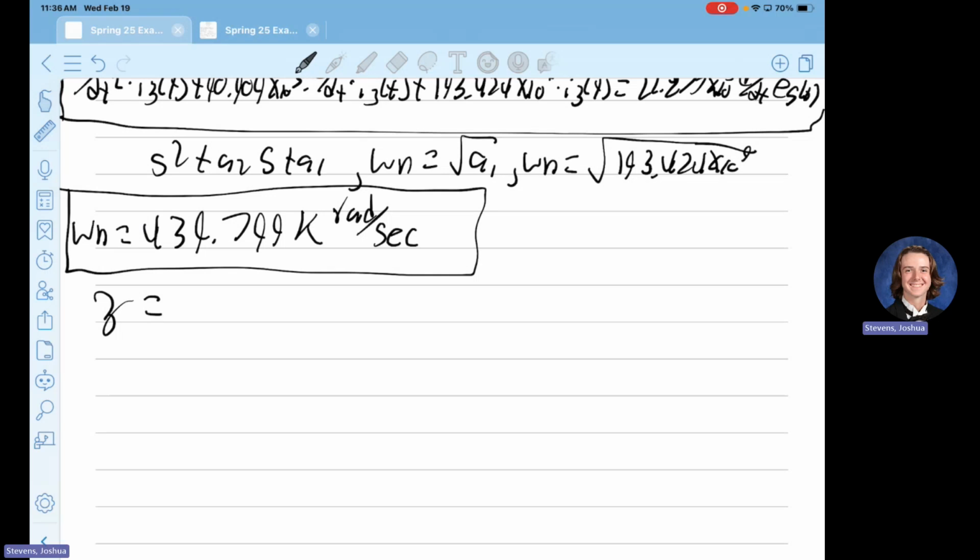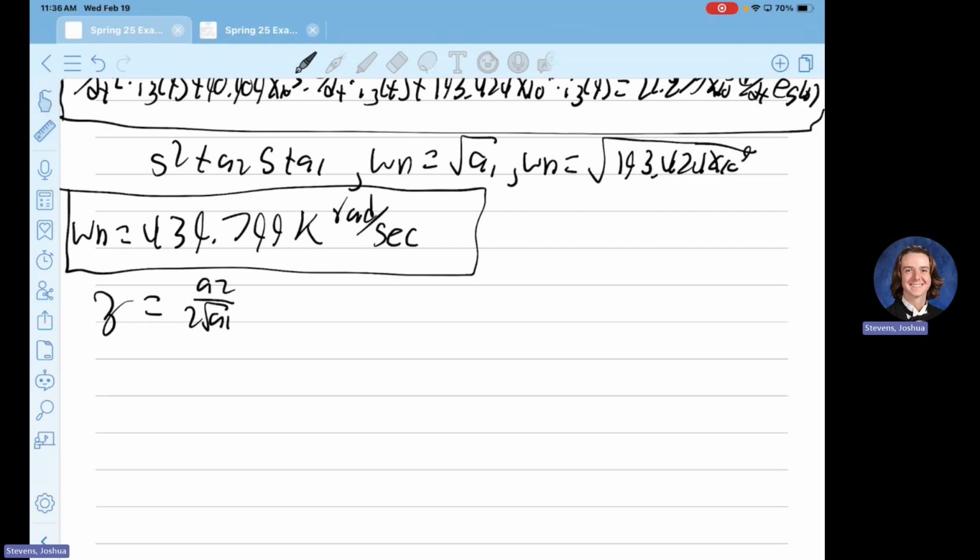Just know where these things are, because it is highly likely that he will assign one of these questions, since he has done it for the last 2 semesters. Zeta equals A2 over 2 square root of A1.